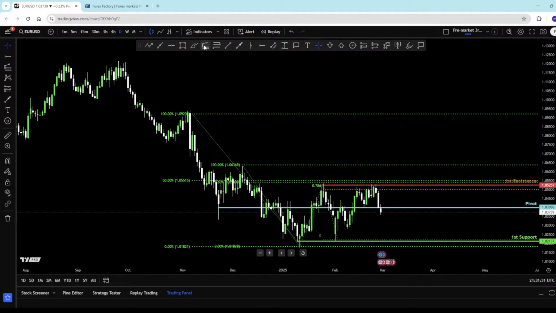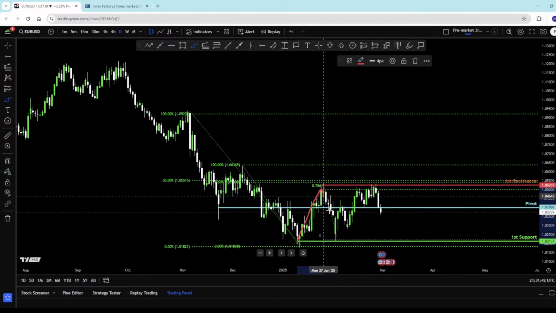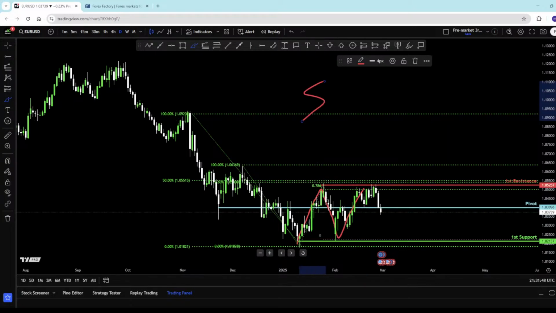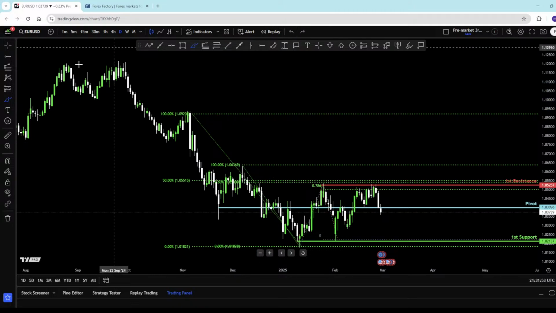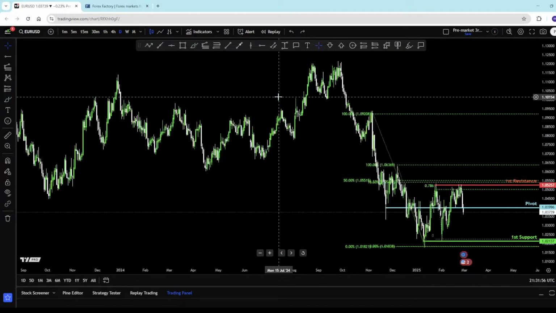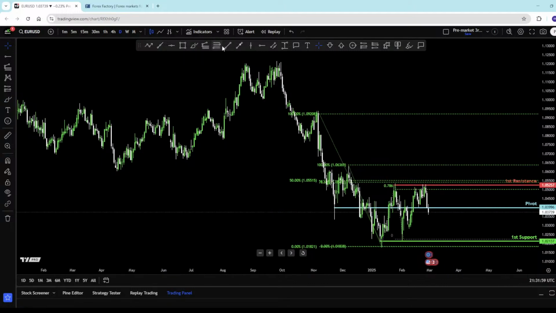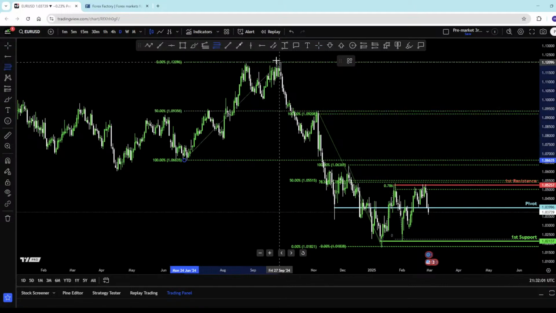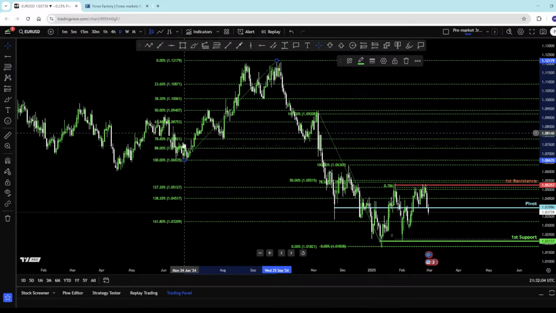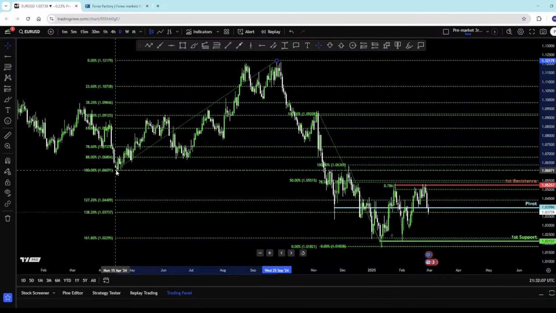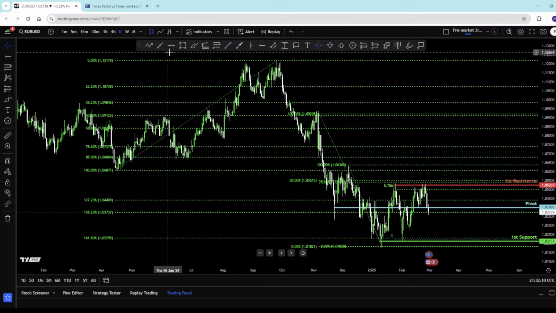So in this case, what I've been using is the trend-based fib extension tool. And for this one, we aren't looking for a Nike tick like previously. We're looking for more of this lightning bolt shape, or like a flash kind of symbol. I am, however, using the Nike tick here as well.